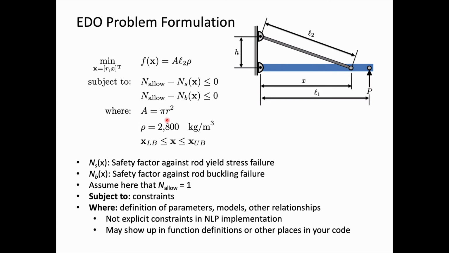However, in evaluating our objective and constraint functions, we may need to be using some of these definitions or relationships. And so these could show up within individual functions in your code, but it's just not something that the optimization algorithm deals with directly. So that's the difference between how we use subject to and where in optimization formulations.